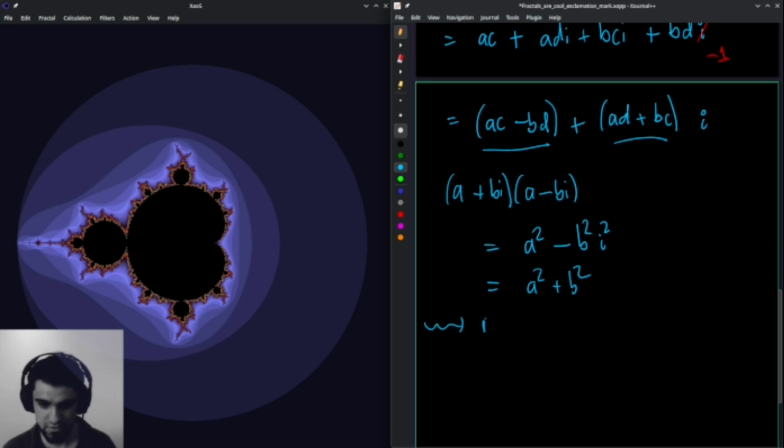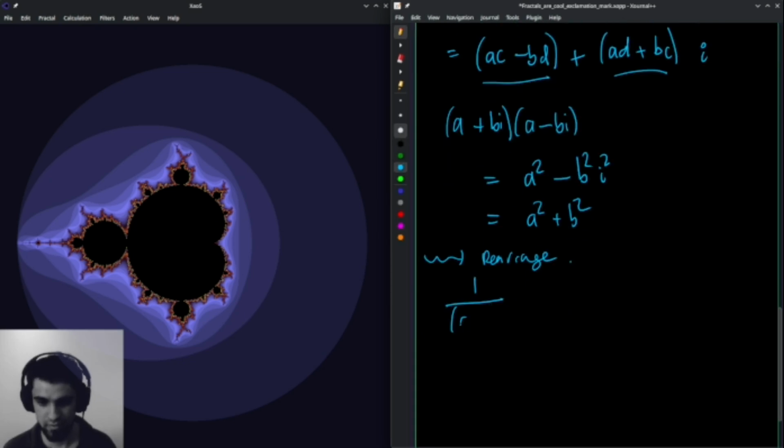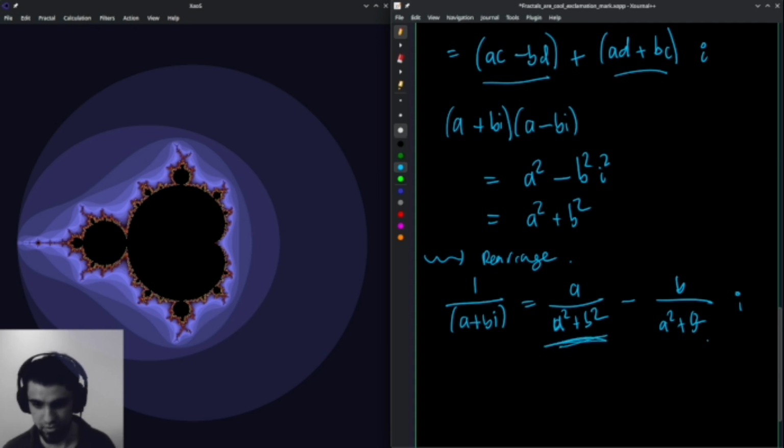So if we rearrange, we get that 1 over a plus bi is equal to a minus bi all divided by a squared plus b squared, which I can write as a divided by a squared plus b squared minus b divided by a squared plus b squared i. So once again, division is just a real number plus a real number times i.